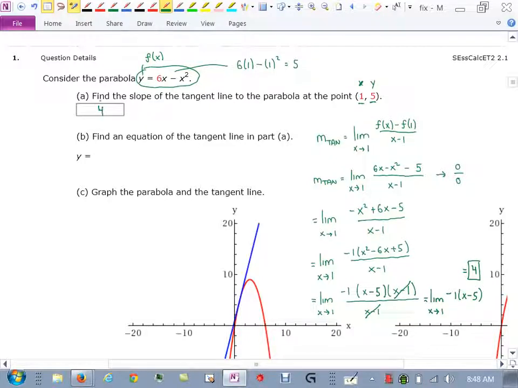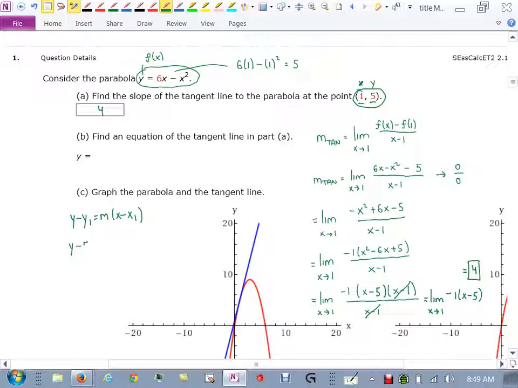Now it wants the equation of the tangent line. So remember that whenever we're in part B, whenever we're trying to find the equation of a tangent line, we use this formula: y minus y1 equals m times x minus x1. Here x1 and y1 is just a point on our graph. So that's going to be the 1, 5.